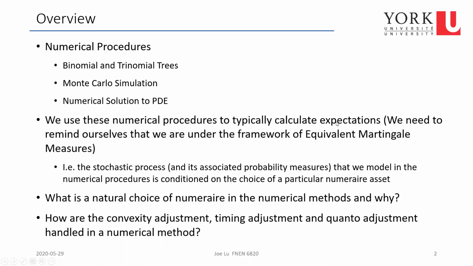So you will want to work under the risk-neutral probability measure. Particularly, you want to work under the traditional risk-neutral probability measure. We want to select the money market account of the domestic currency as the numerator asset.